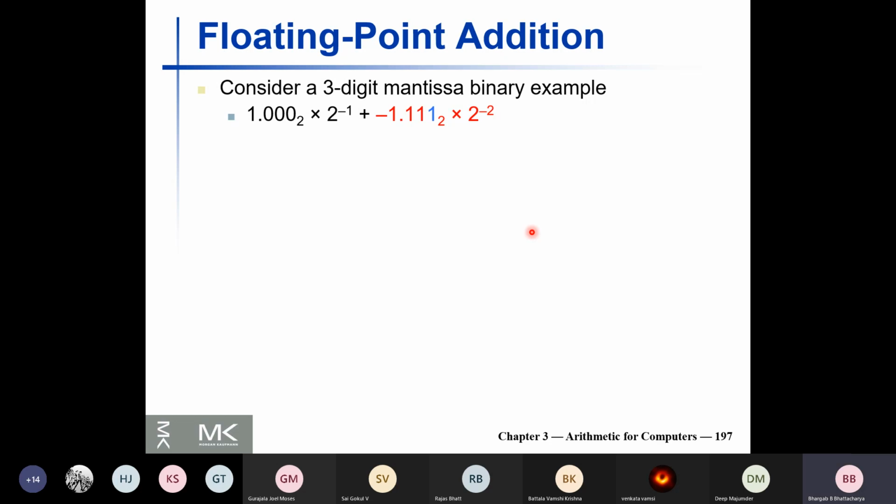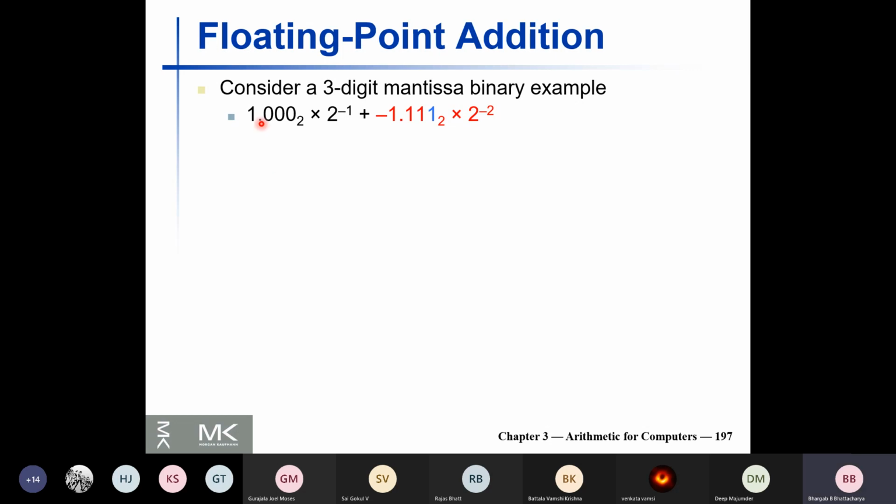Align the exponent. How do I align it? You can make this exponent 2 to the power minus 2, or you can make this exponent 2 to the power minus 1 by shifting this binary point. Isn't so?